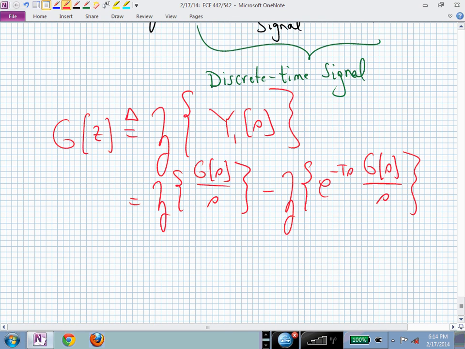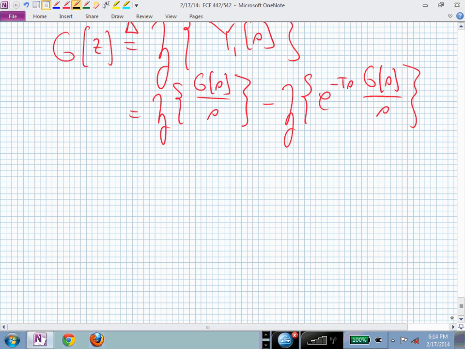And now we simply need to be able to z-transform G of s over s and e to the minus Ts G of s over s with the agreed-on process. Now, we can actually make our life a little easier if we remember what e to the minus sT, or e to the minus Ts, was in the z domain.